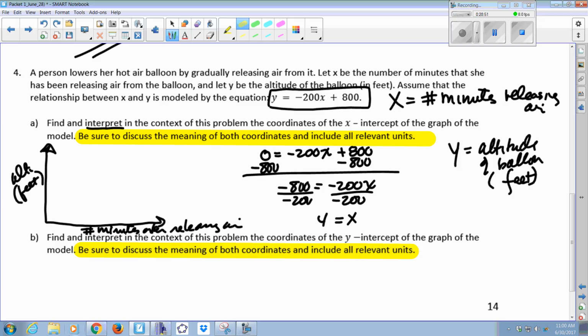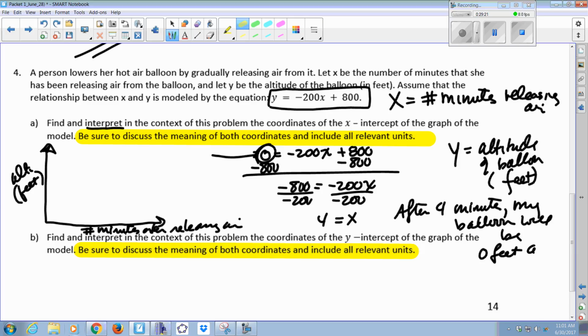So that says that after 4 minutes, what does that 0 there mean? It says your balloon is not in the air at all, it's on the ground. So after 4 minutes, my balloon, you could say, will be at 0 feet if you want to include that coordinate, will be 0 feet above the ground. My balloon will be 0 feet above the ground.